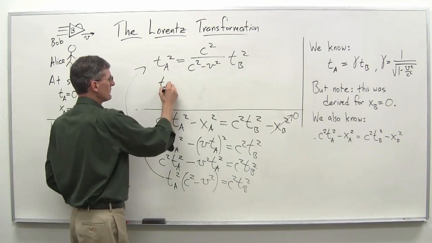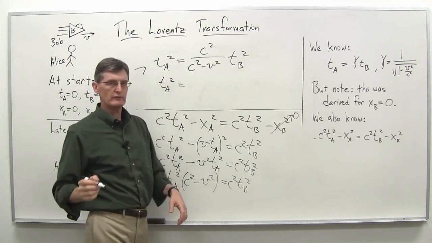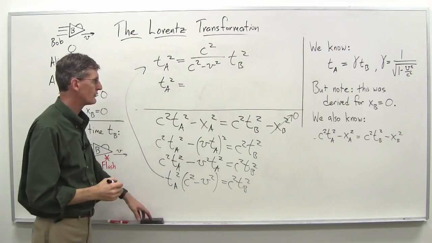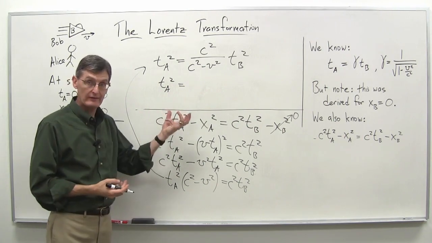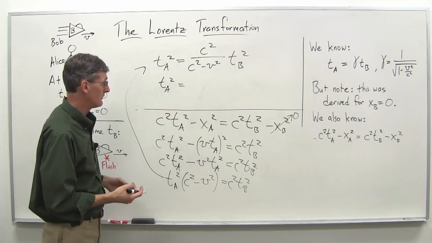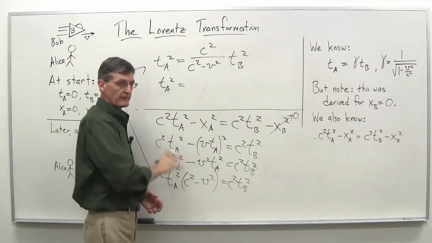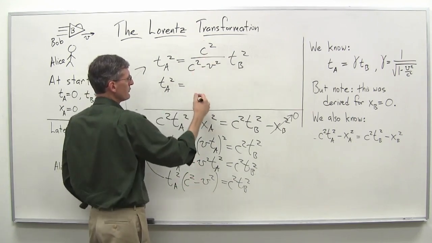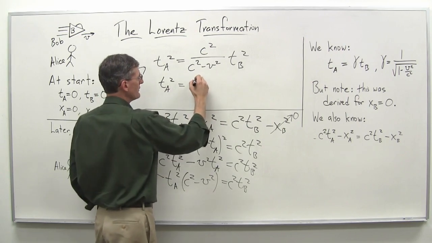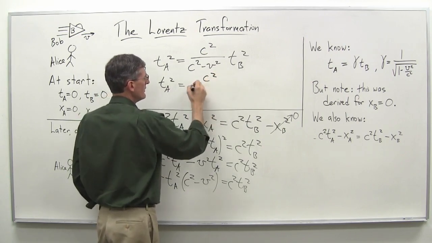For those of you who are up with your algebra, you might want to pause and play around with this a little bit to see what our final answer is going to be. It's going to be very familiar, but let's see what we get. Let's factor out a c squared in the bottom.